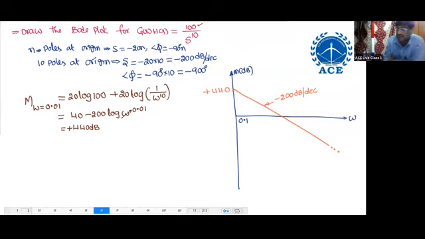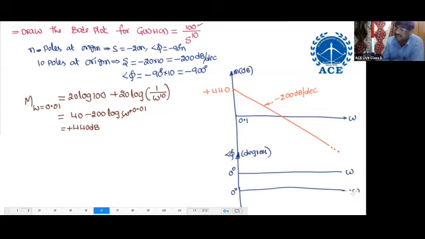Similarly, draw the phase plot. What is the phase plot? This is pi in degrees. No need to write. What is the phase? This is 0 degrees.